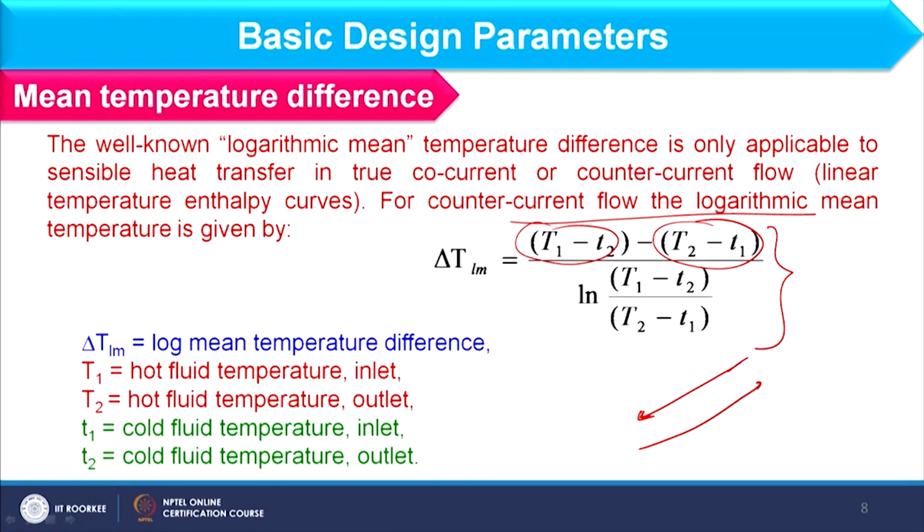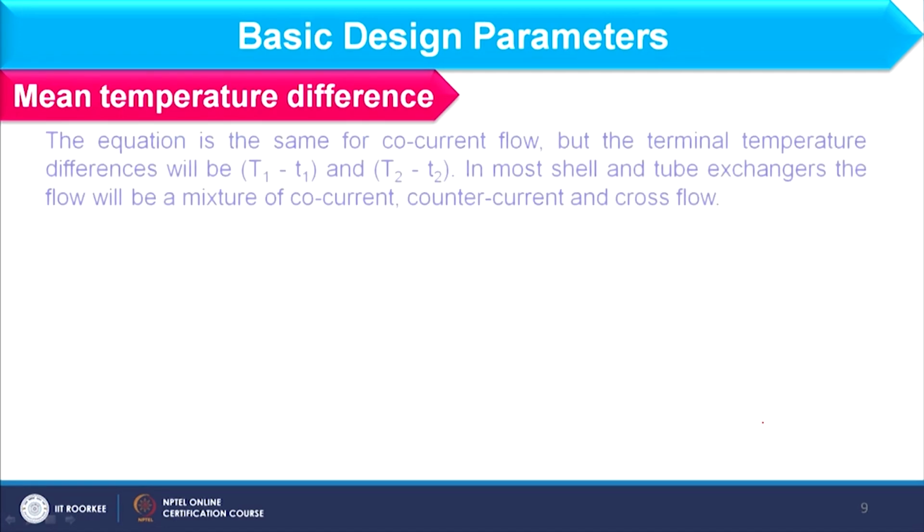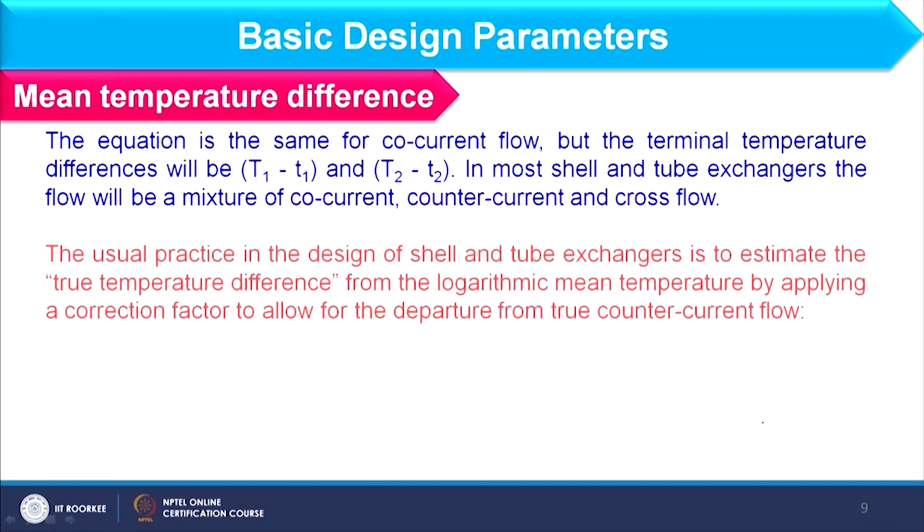However, here non-linearity may also occur along the length. Therefore, we consider the log mean temperature difference. So, this is the equation for counter current flow, and we can consider co-current flow LMTD also, where the temperature differences at one side are capital T1 minus small t1 and capital T2 minus small t2.